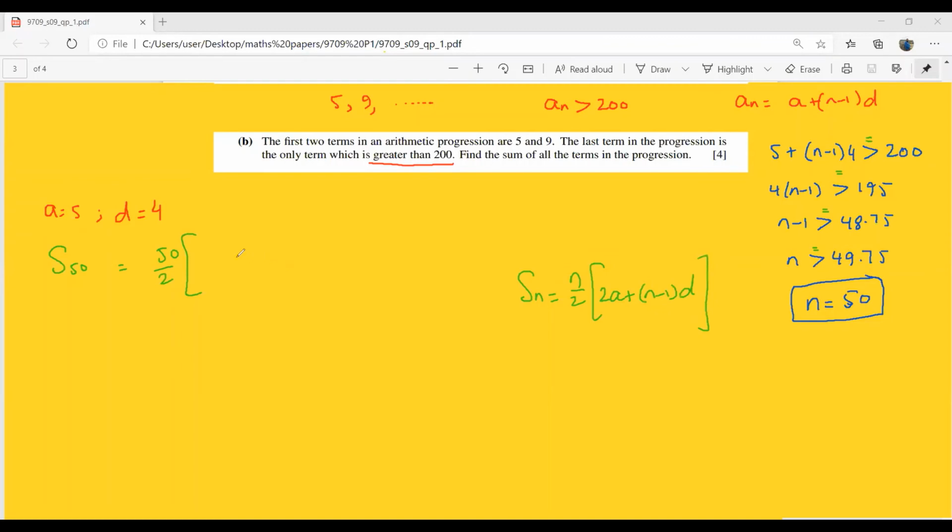So just use this formula, that is 10 plus 49 times 4. So this will be whatever you get from here. Can someone tell me quickly what is this? 25 times 206 maybe? Yes.